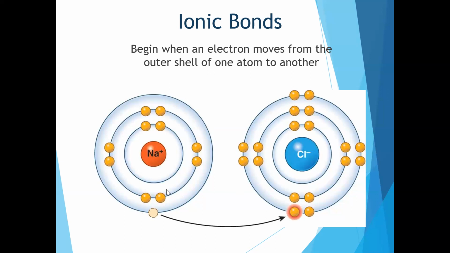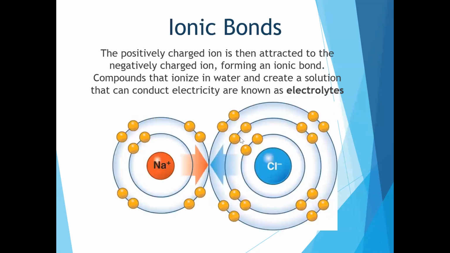Because sodium loses an electron and chloride gains an electron, sodium has a positive charge, which is considered the cation. Chloride with an extra electron will now have a negative charge, and that is considered the anion. Now that they are charged, the positive and negative attract one another, and that forms an ionic bond.